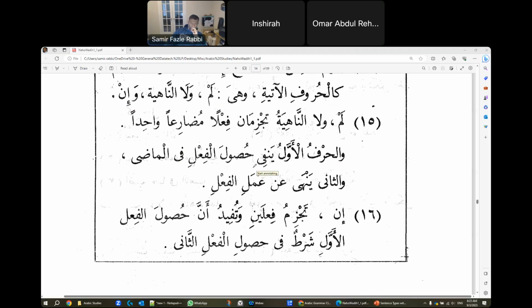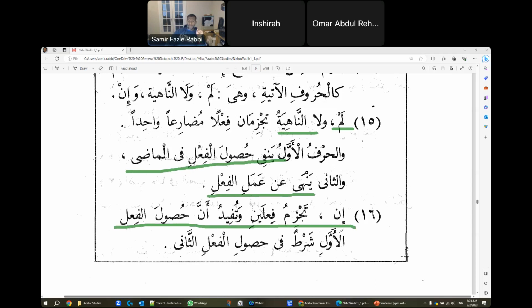So the first harf, which is lam, negates something that happened in the past. And the second, la nahya, the negating la, forbids doing an action. ينهى عن عمل الفعل. In, which is a little bit more complicated.